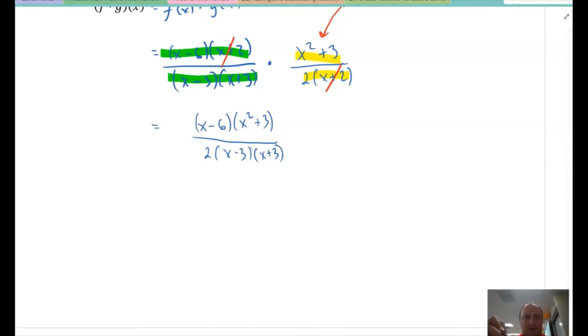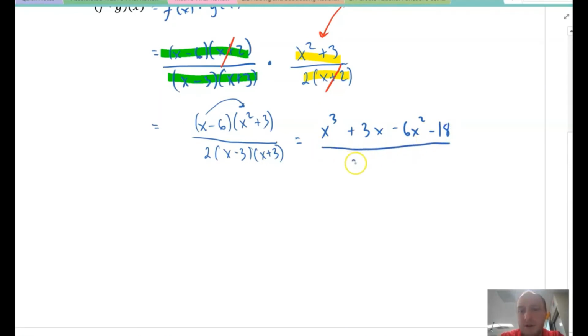Okay? Need a thicker pen color. Okay, and what I'm going to do, I'm just going to multiply this out. So we have x cubed along with a positive 3x minus 6x squared minus 18 all over our denominator.